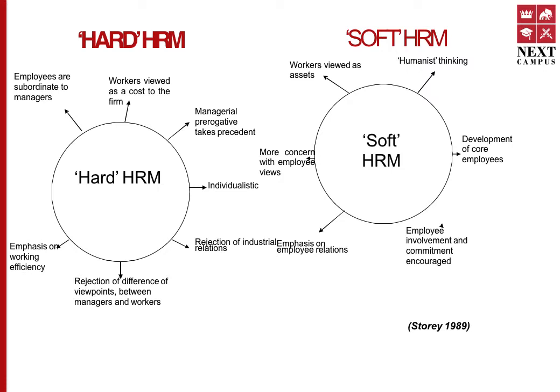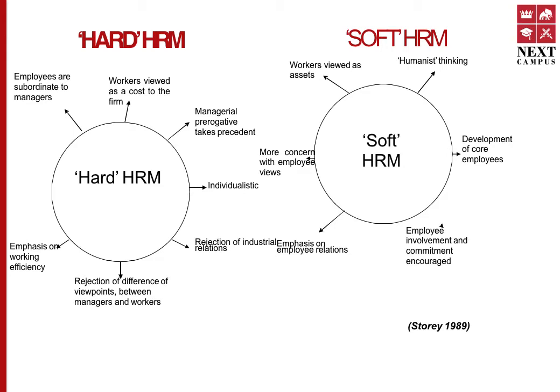Now, soft HRM has a different set of characteristics. It is a more humanistic view, a more humanistic thinking. Soft HRM helps develop core employees. Employee involvement and commitment are encouraged. Also, soft HRM emphasizes employee relations.